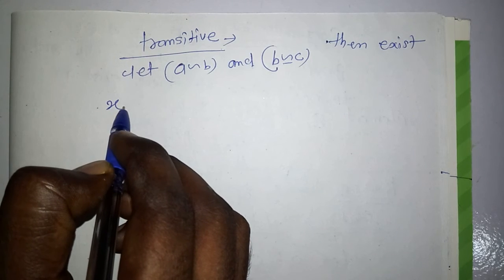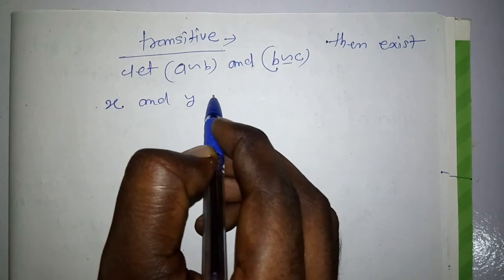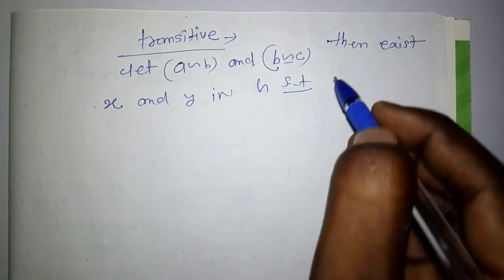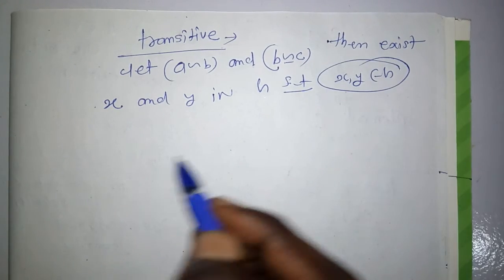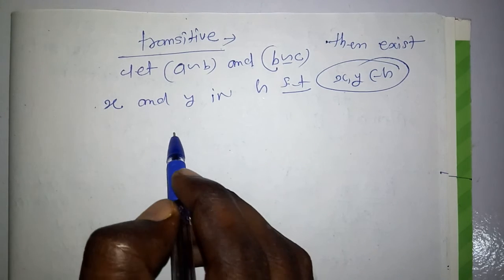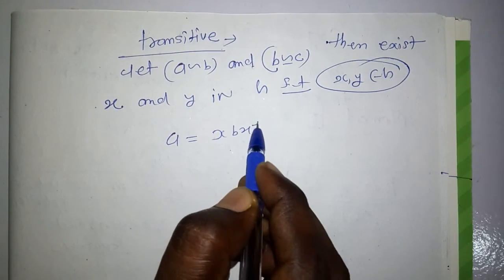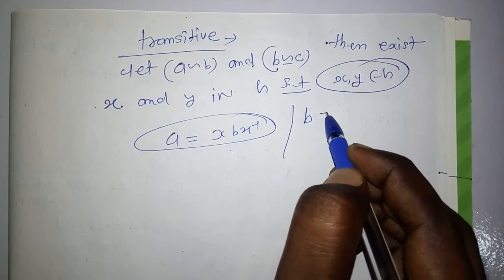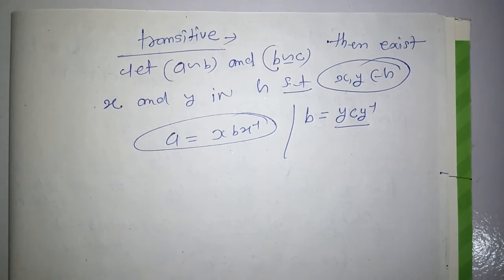Okay, students, this is a new element of group G. X and y in G, such that it means x and y are any elements of group G, students. Okay, we can say that a is equal to x b x inverse. Okay, and b is equal to y c y inverse.